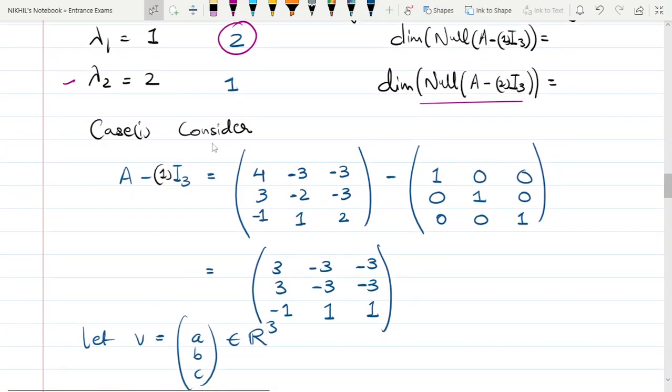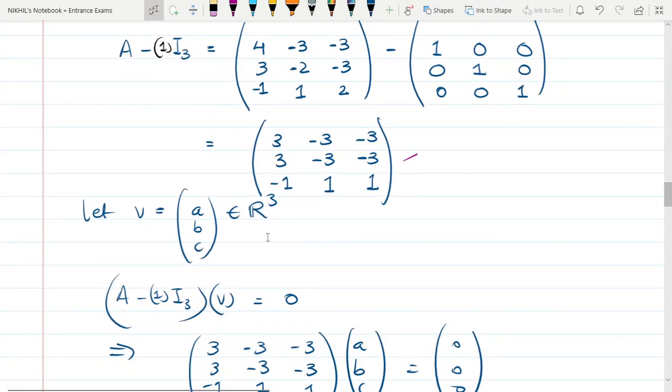So for the first case, in which lambda 1 equals 1, I am first calculating this matrix, A minus I3 simply. This is A minus the 3 by 3 identity matrix times 1, so it is the same as this. Simplifying, we get this matrix. I assume v to be a vector in R3, and of course non-zero, because in order for it to be an eigenvector.